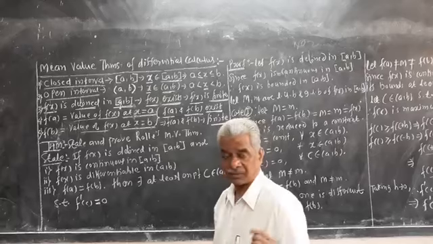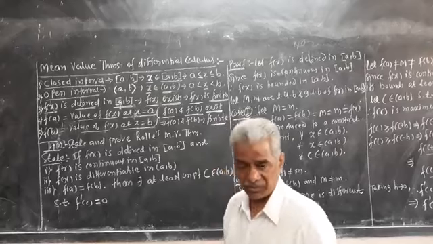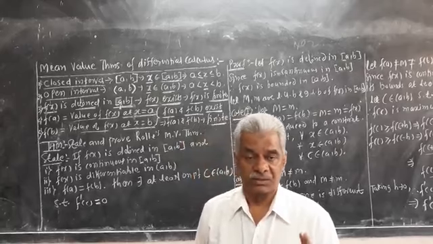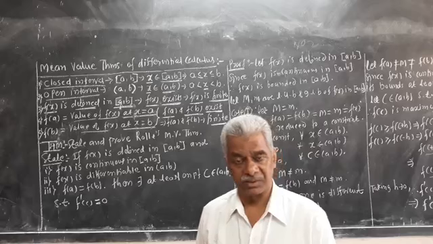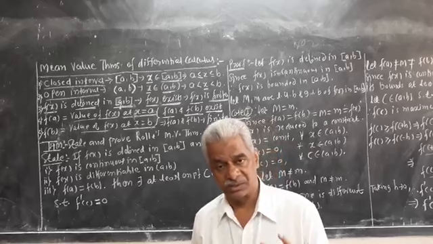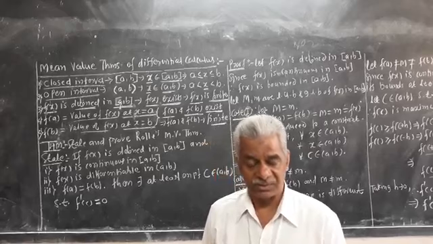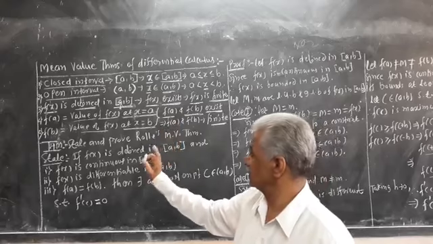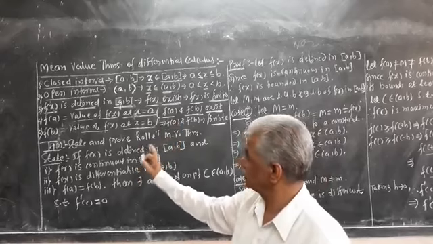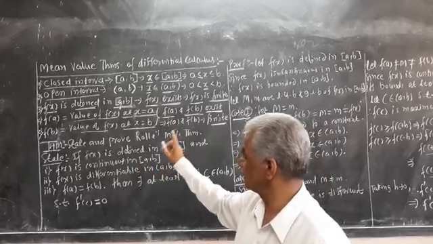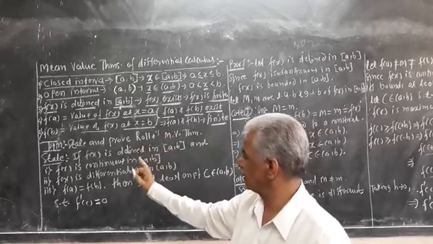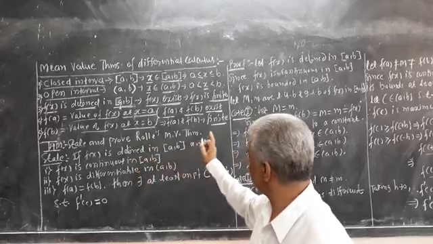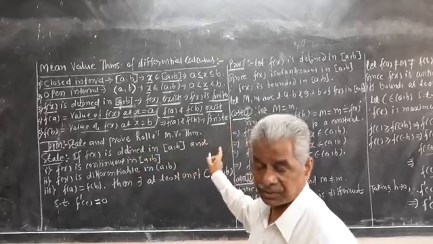And hence, while studying the mean value theorems of differential calculus for the functions of one variable, firstly you remember what is meant by closed interval, open interval, function defined in the interval, then what is meant by f of a, f of b, and exist means finite values.